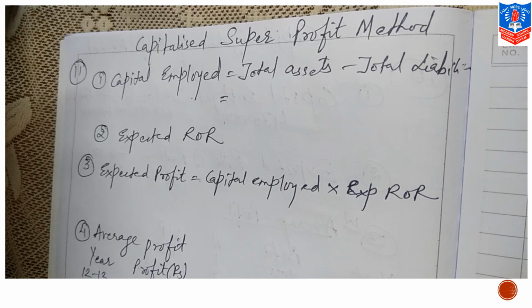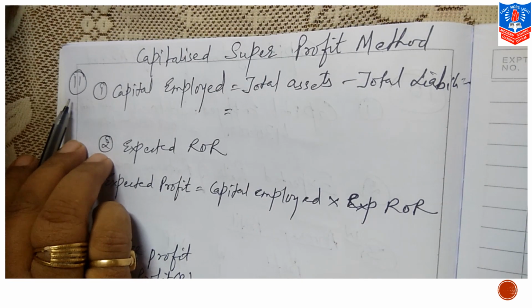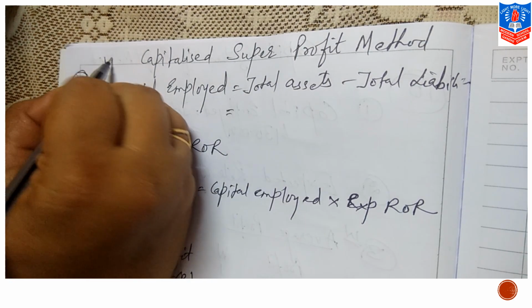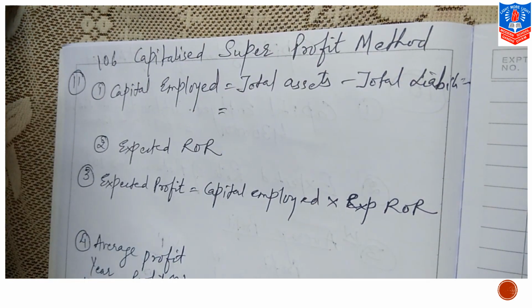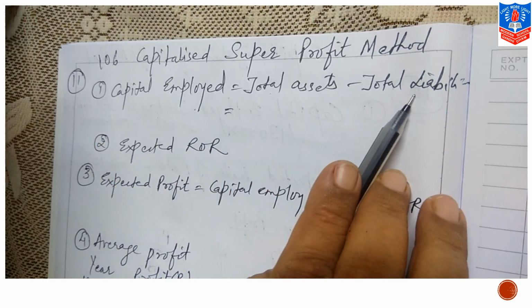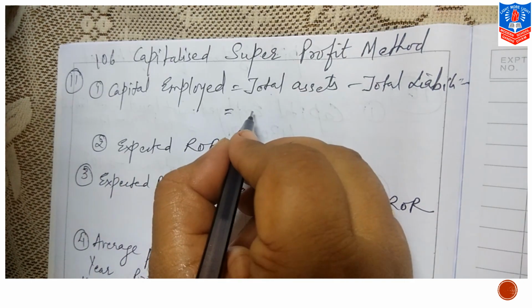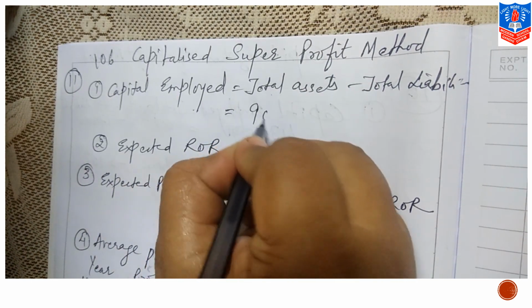Okay students, now let's go for the practical of capitalized super profit method. We are taking question number 11, page number same, that is 106. Capital employed actually is total assets minus total liabilities, but in this question capital employed is directly given to you as 9 lakhs.